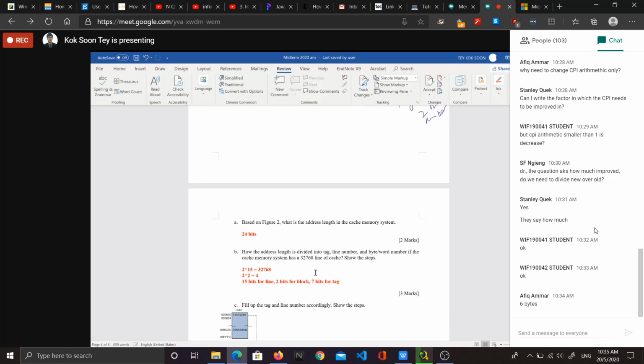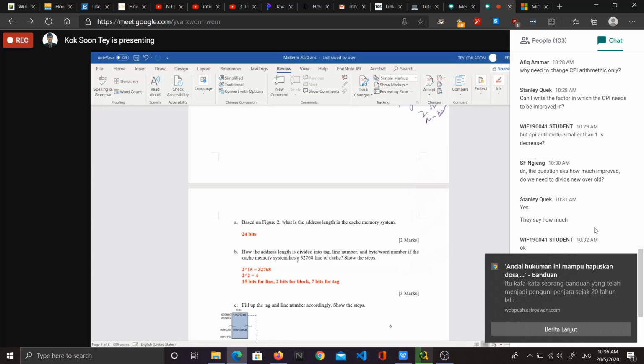Okay, then for B, how the address length is divided into tag, line and byte if the cache system has 32768 lines of cache. Okay, so this is the line of cache. So you need 2 power of what equals to 32768.